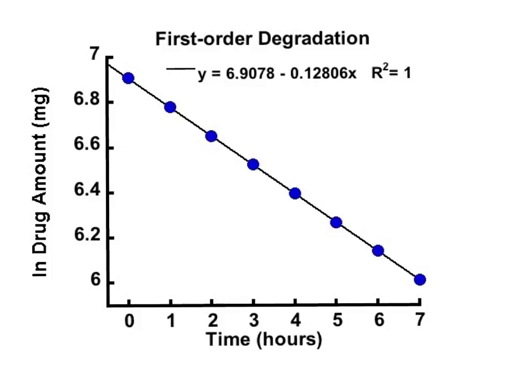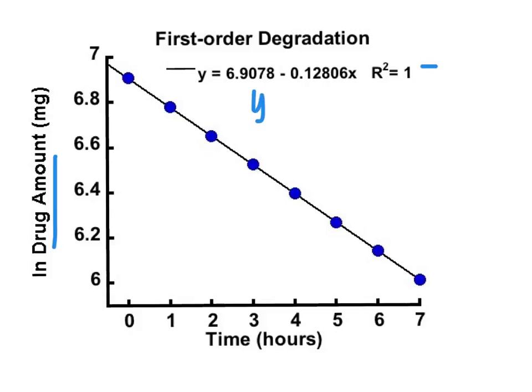If we now take a look graphically at a first order process, we are plotting the natural log of the drug amount or drug concentration versus time. This is going to be linear and is described by that equation, y equals 6.9078 minus 0.128x.